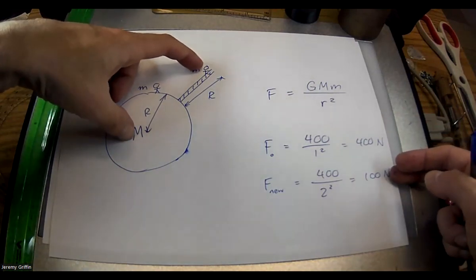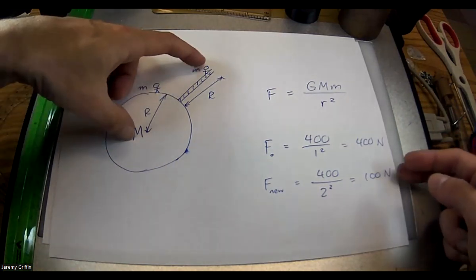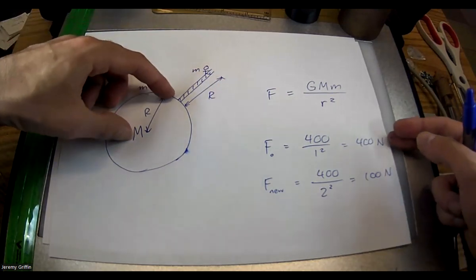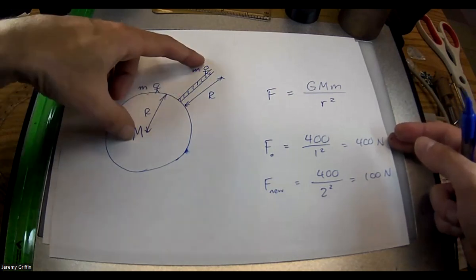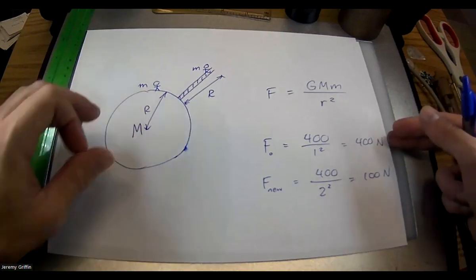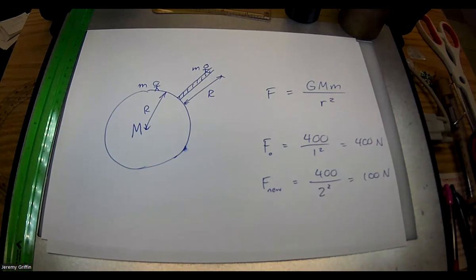But the question you just did is like you climb down the ladder. So at the top of the ladder, you weigh 100 newtons. And if you climb down the ladder, haven't you effectively cut your distance to the earth in half, from 2r to just plain r? So now you have 4 times the force that restores your weight back to its original value of 400 newtons, right? Is that okay?